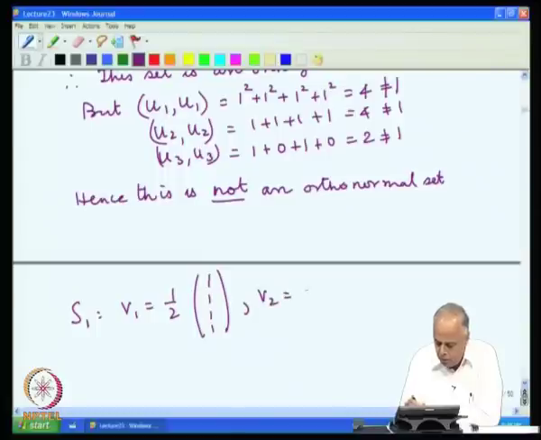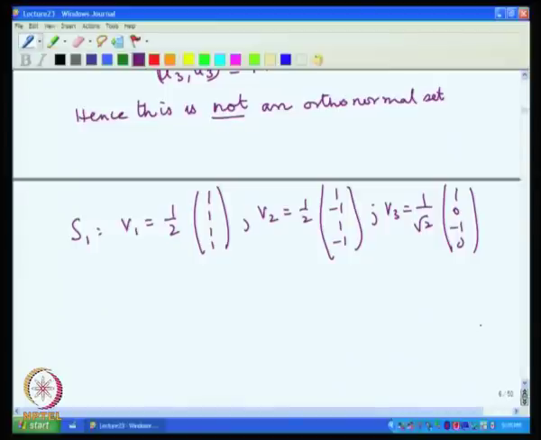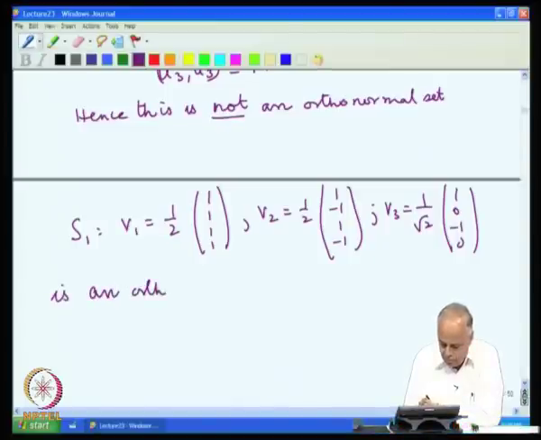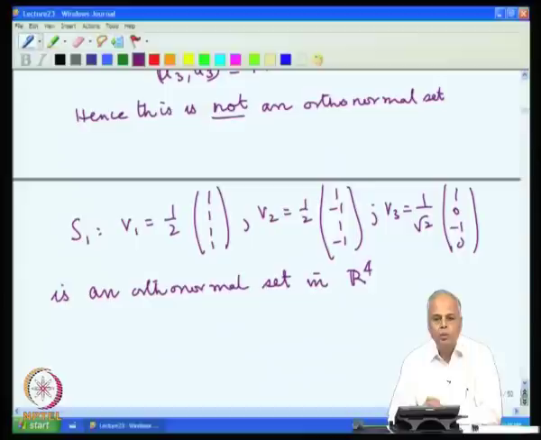Similarly, we divide U2 by its length, and U3 by its length, and then we get these vectors. Now, this is an orthonormal set in R4. So, by orthonormality we need two requirements for a set of vectors.